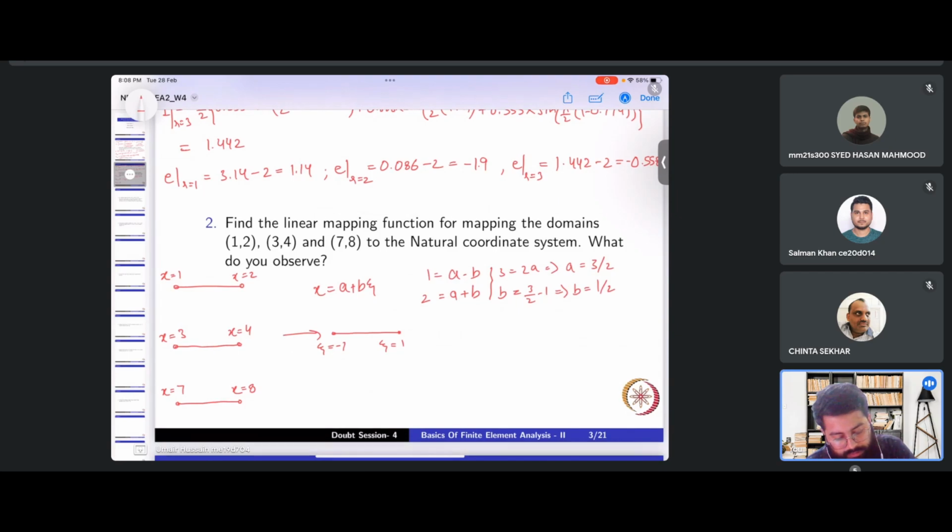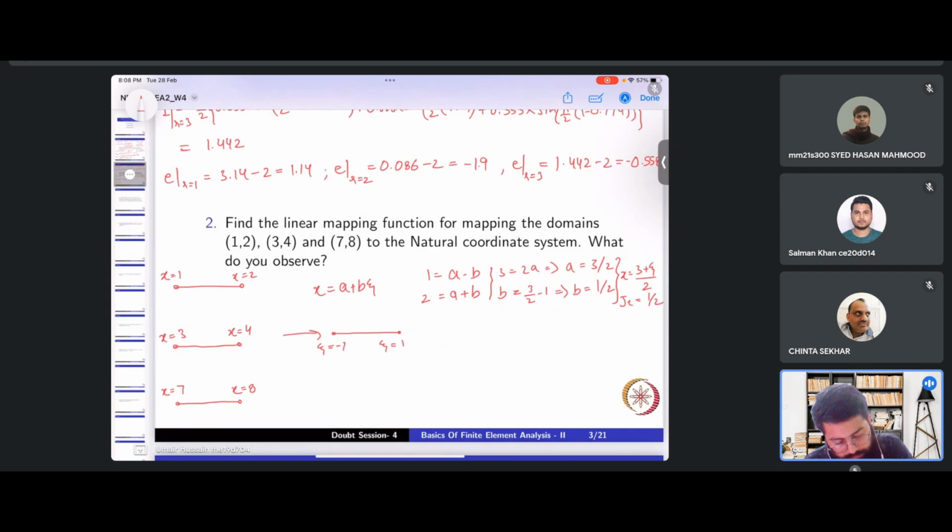So for the first case we have x equals 3 plus zeta by 2. We take the Jacobian, we get half.